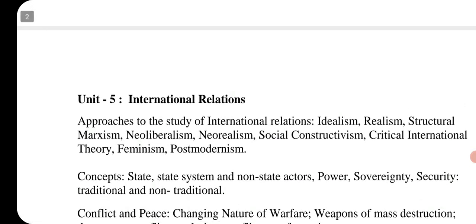Unit 5, International Relations. Approaches to the study of international relations, that is idealism, realism, structural Marxism, neoliberalism, neorealism, social constructivism, critical international theory, feminism, postmodernism.